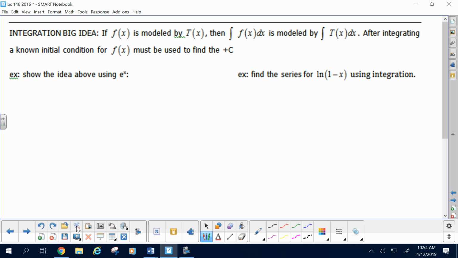Say you wrote the series for e to the x, which is 1 plus x to the first over 1 factorial plus x squared over 2 factorial plus x cubed over 3 factorial plus x to the n over n factorial.